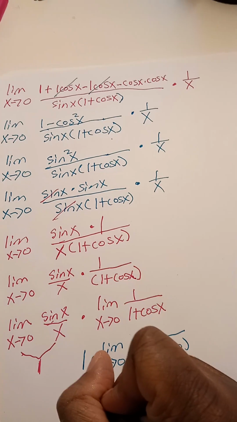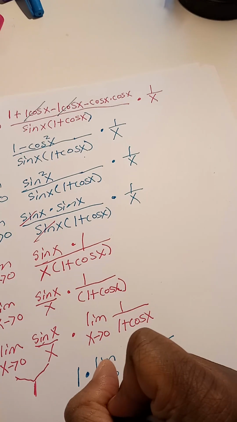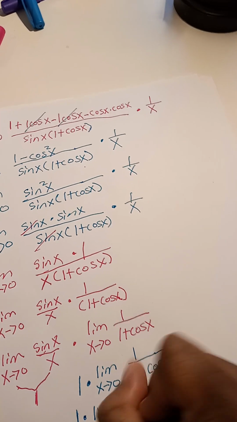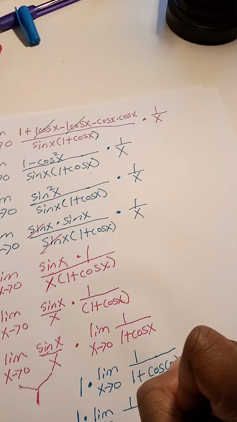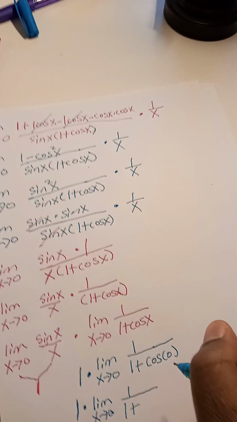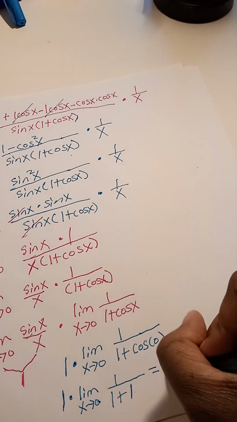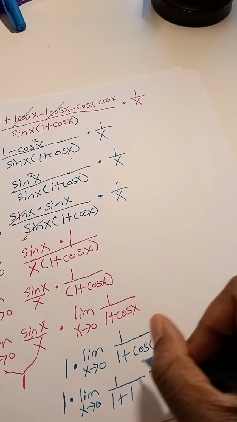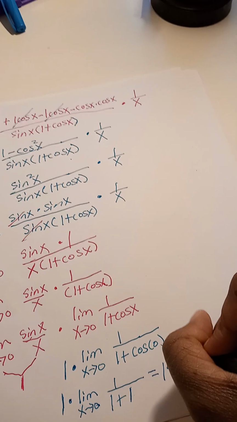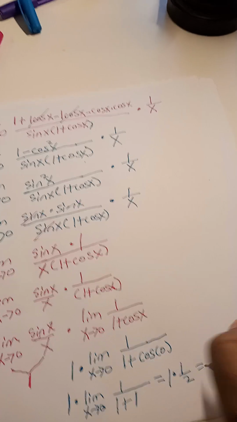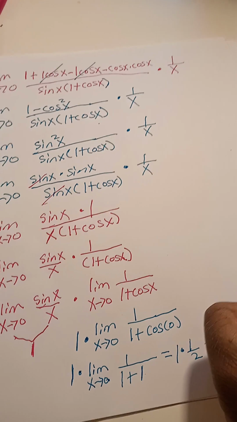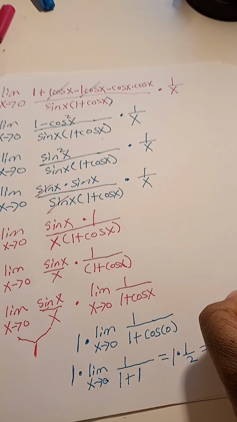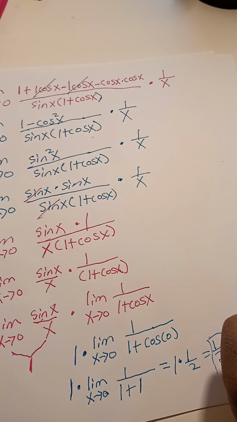And so this is going to be 1 times the limit as x goes to 0 of 1 divided by 1 plus, and cosine of 0 is 1. So this is going to equal 1 times 1 divided by 2, which is equal to 1/2. So this is the solution for this limit here.